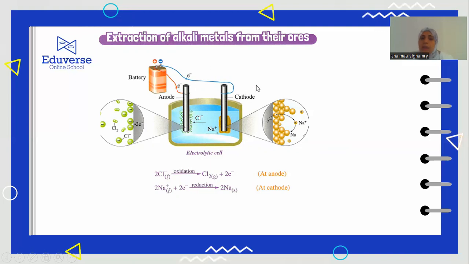The cathode has a negative charge, so it attracts positive sodium. At the anode, there is oxidation of chloride ion to form chlorine gas and 2 electrons evolve. At the cathode, there is reduction of sodium to form sodium atoms.